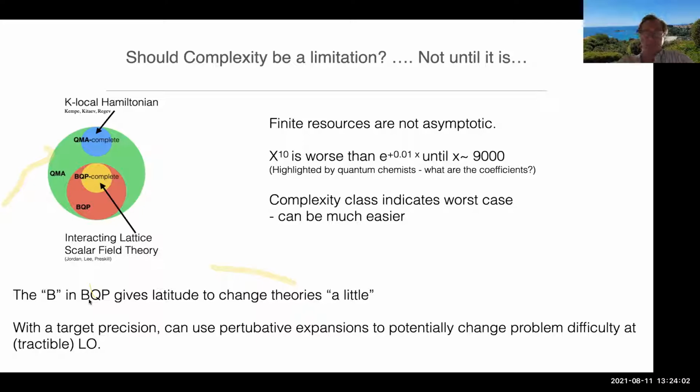For a given error, it might be more efficient and desirable to simulate a theory that's close to the one you want, and then perform perturbative corrections to get to where you want to go. Effectively, this is what one does in classical simulations all the time. Lattice QCD is not continuum QCD, it's on a discretized spacetime lattice, but we know how to systematically correct for those systematic errors.